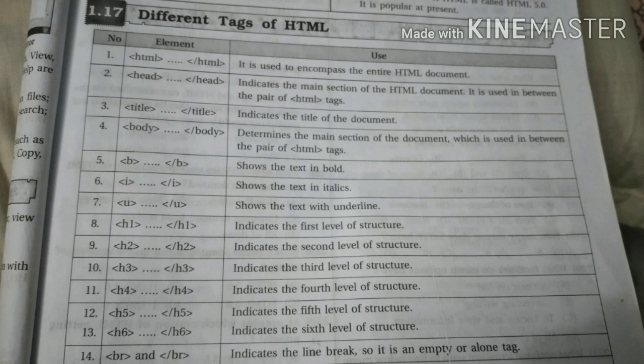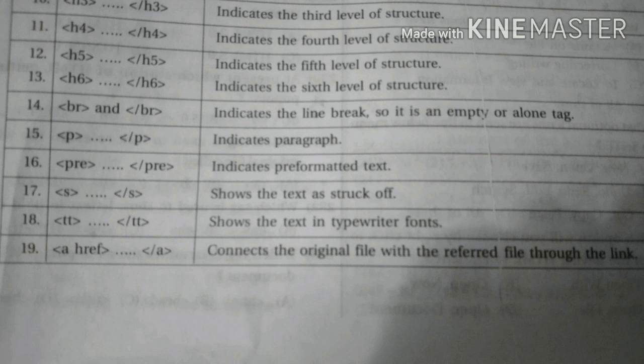Then we have BR, that is to break, P for paragraph, pre for pre-formatted text, and S for struck off or strikethrough. Then TT for typewriter font, and a href for the hypertext reference, which connects the original file with the referred file through links.